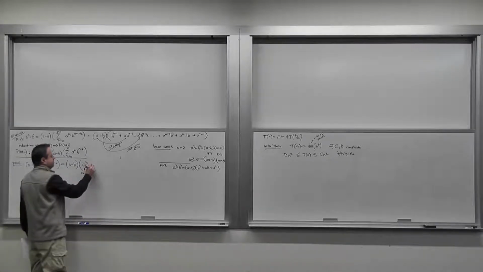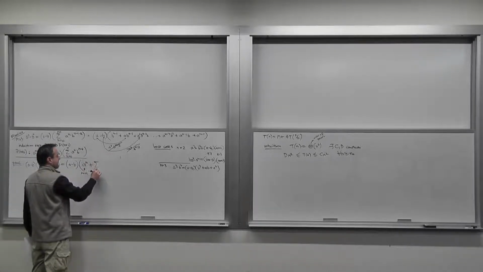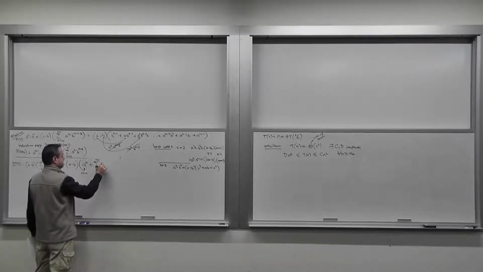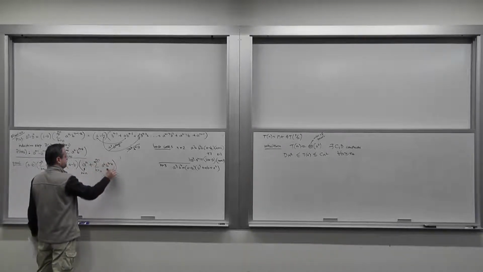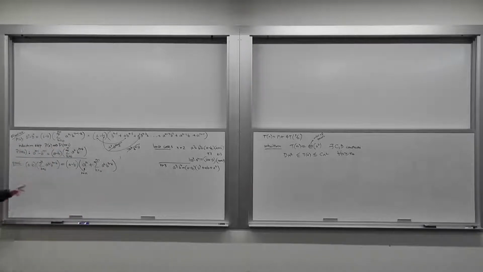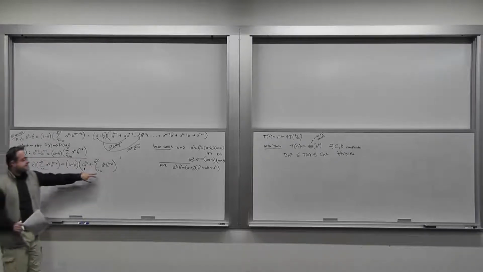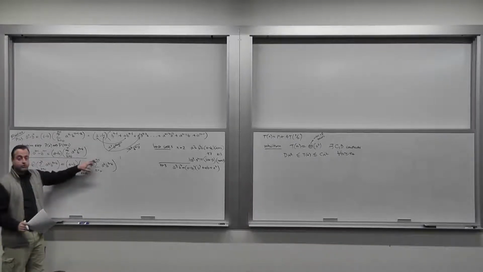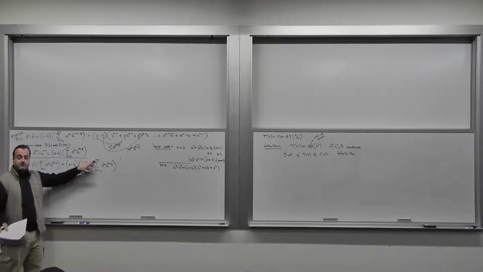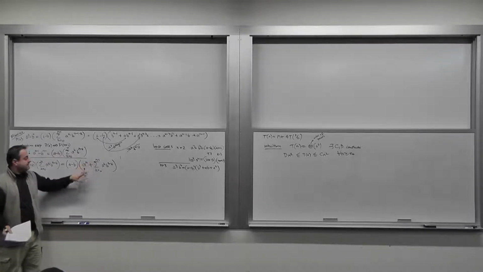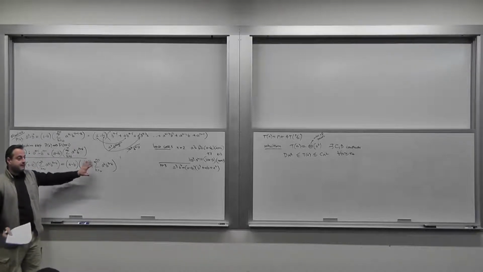Then I have a sum which is from k equals 0 to n minus 1. So what happened here, this is a sum from k equals 0 to n. I still have a sum of the same thing, k equals 0 to n minus 1, plus the term for k equal n. But the term for k equal n I took out of the sum, I put separately.